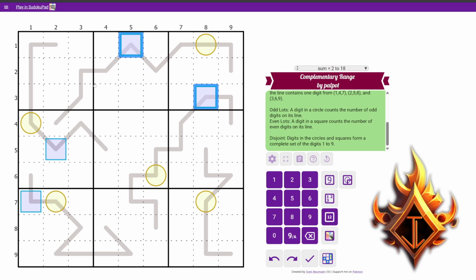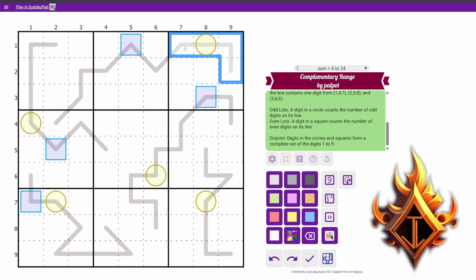Okay, there are 4 squares though. So there's one line that has one circle on it. But a 9 needs to go some. Oh, all right. 1, 2, 3, 4, 5, 6, 7, 8, 9, 10.